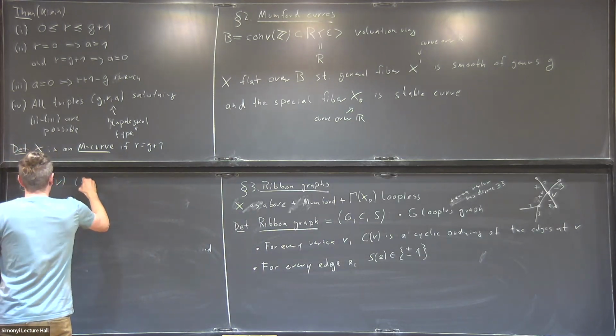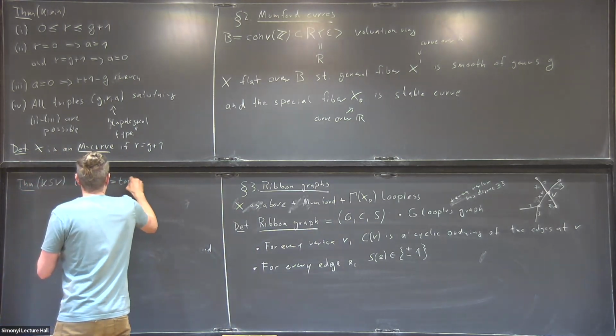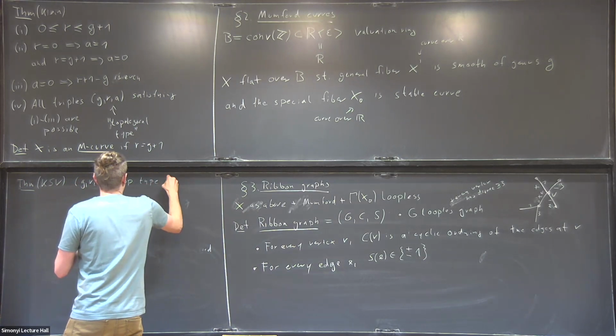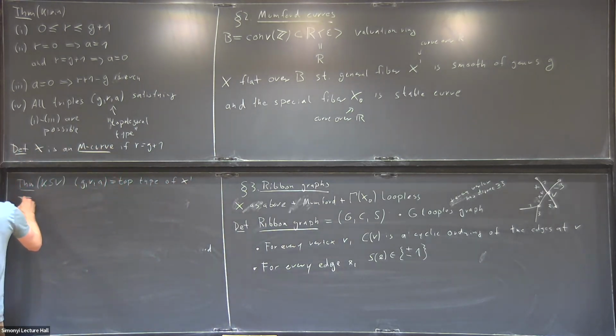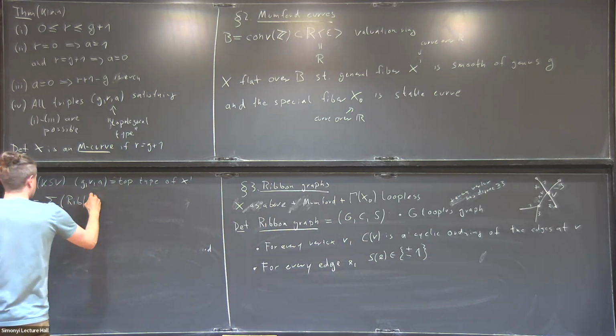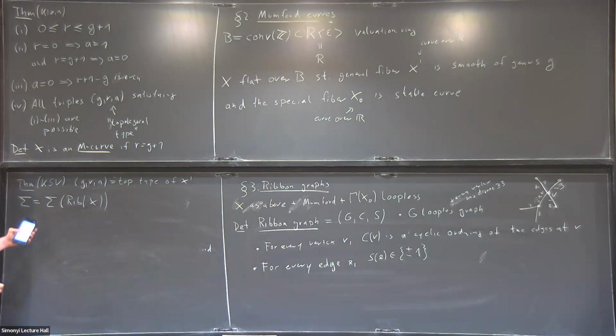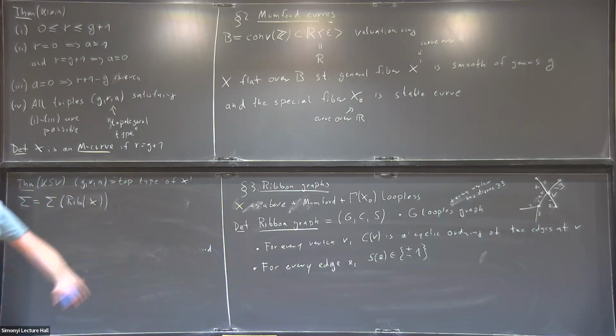So let this be the topological type of X prime, and sigma be the surface that we get from first building this ribbon graph and then building the surface.